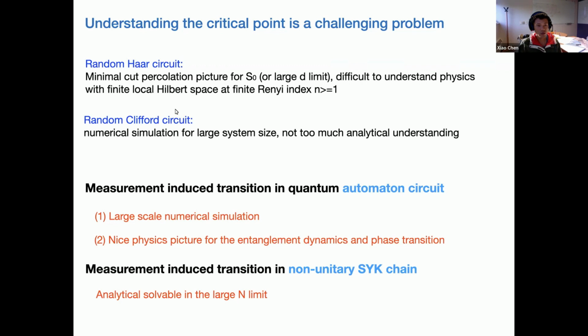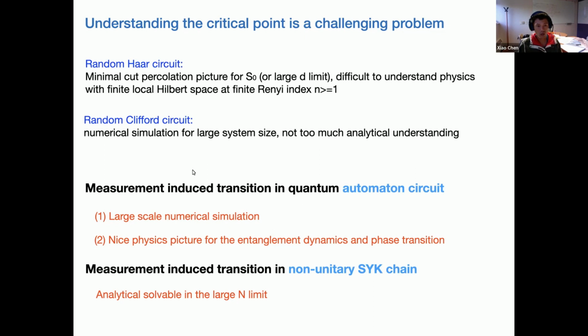Another type of circuit is the Clifford circuit. This allows us to do numerical simulation for another system. We get a set of critical exponents, but we don't really know how to analytically understand the underlying critical point. So this motivates us to construct some models which allow us to do some analytical calculation, or at least to provide some physical intuition for this measurement induced phase transition.